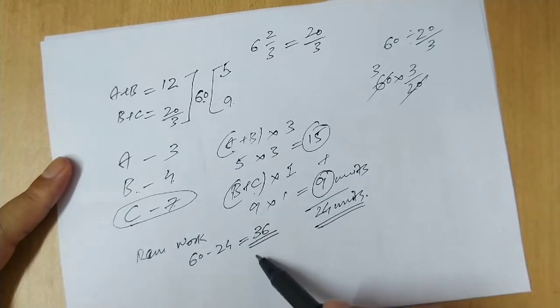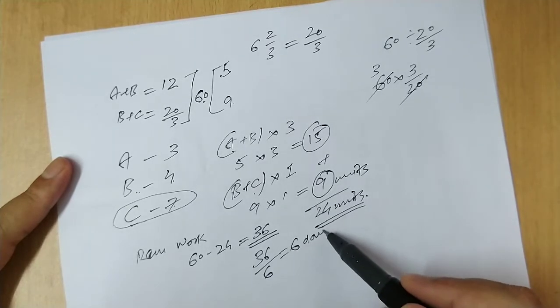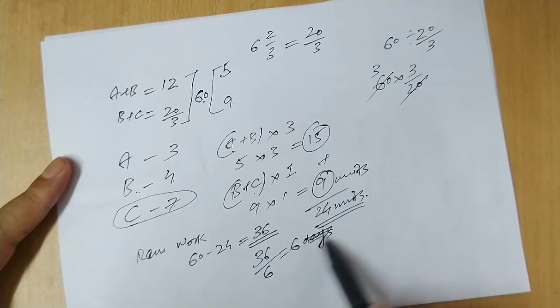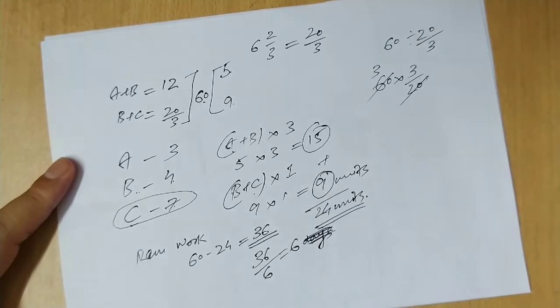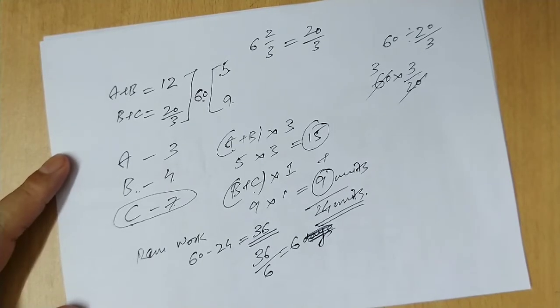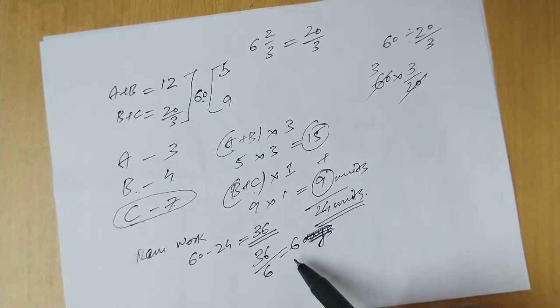So if we divide 36 by 6, we will get 6. 6 is the efficiency, sorry. So we have got the efficiency of C.